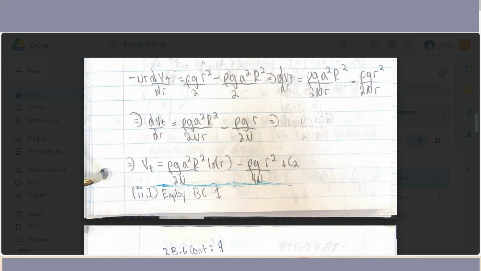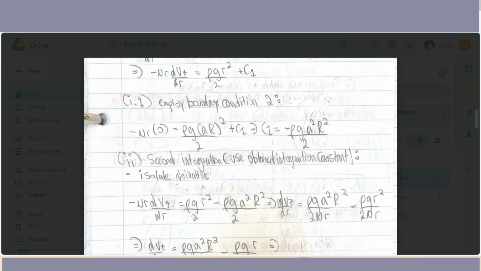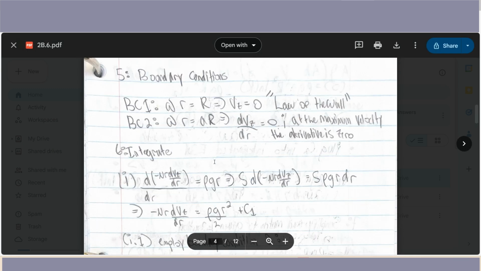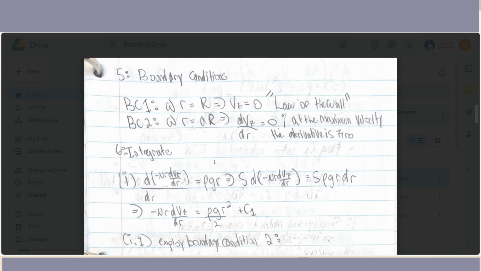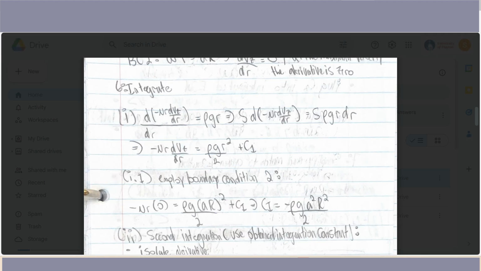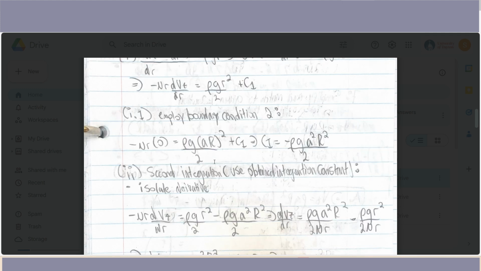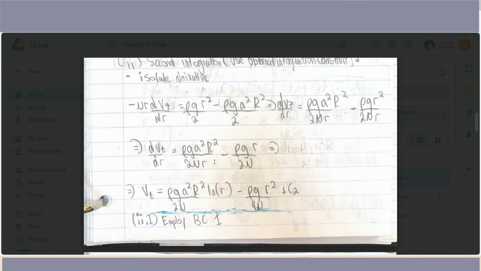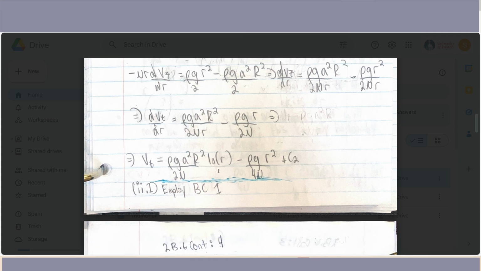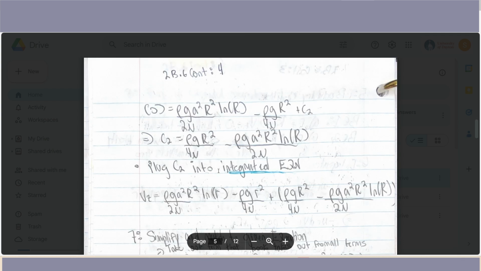Now we're employing the first boundary condition, which is the zero velocity boundary condition at r equals big R. So we just plug in big R for little r here and for little r here, and we set vz equal to 0. And you can see that's what I did.